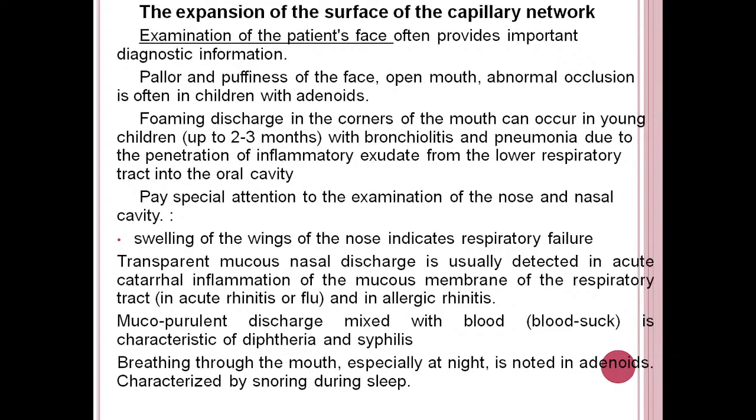Mucopurulent discharge mixed with blood is characteristic for diphtheria and syphilis. Breathing through the mouth, especially at night, is noted in adenoiditis, causing snoring during sleep. You can write this information down, and it will take time.